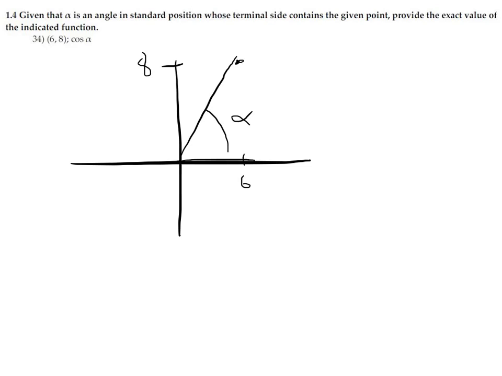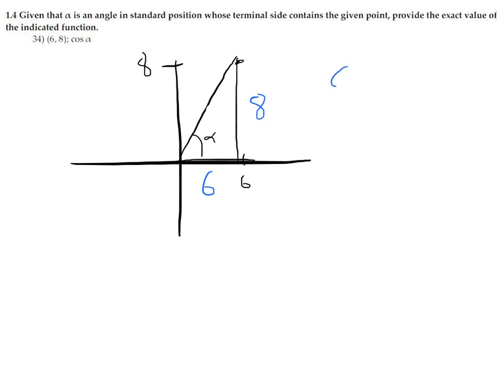Okay, good. So let me draw this alpha a little bit smaller because I'm going to make a triangle here. So that's alpha. We've got a triangle where this side is 6, and in a different color, the other side is 8.